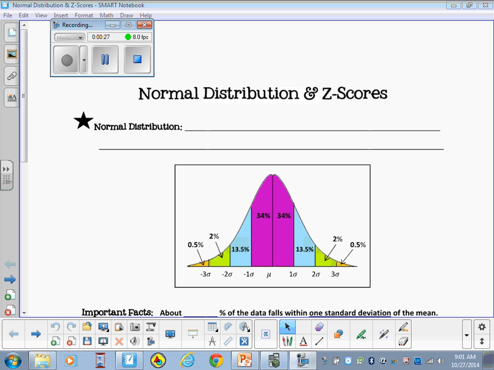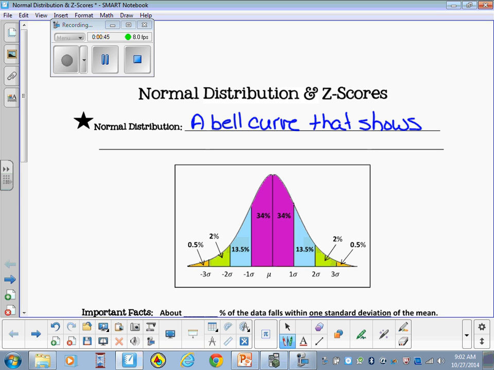So normal distribution is where this comes from. And normal distribution is a bell curve that shows how data is distributed from the mean.